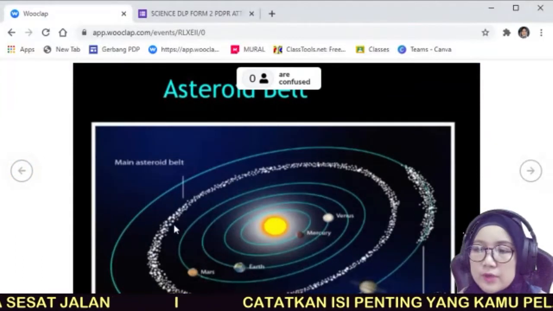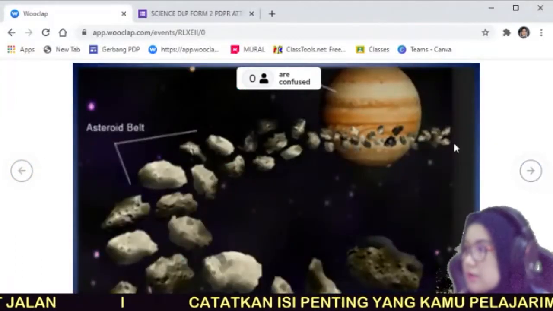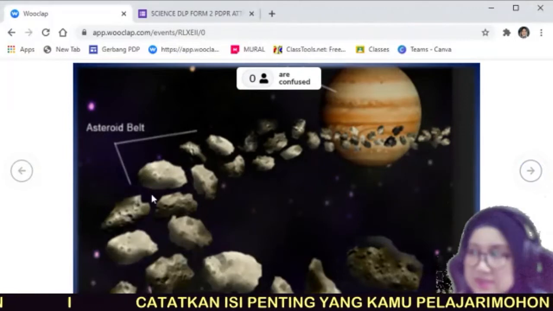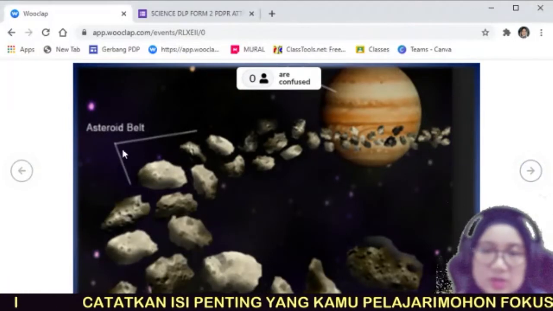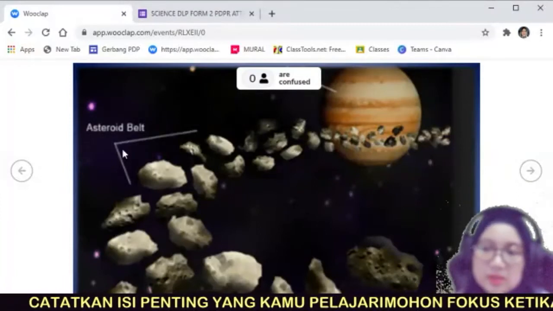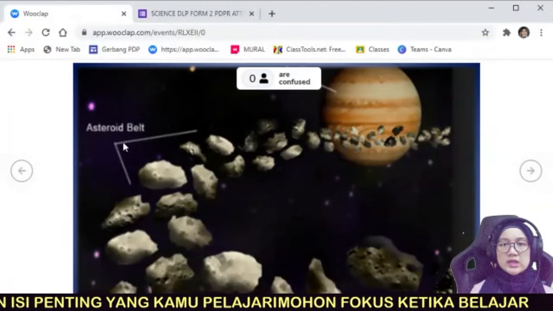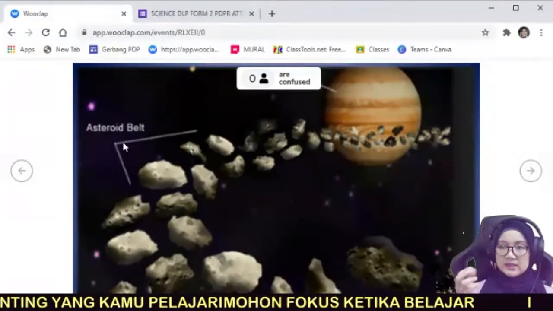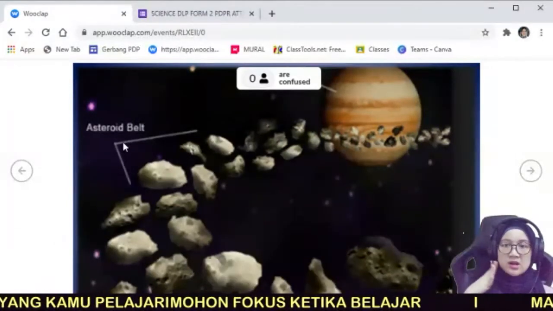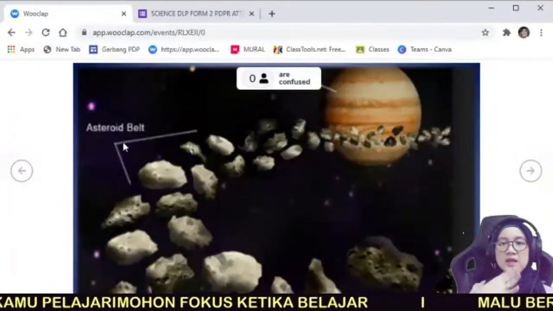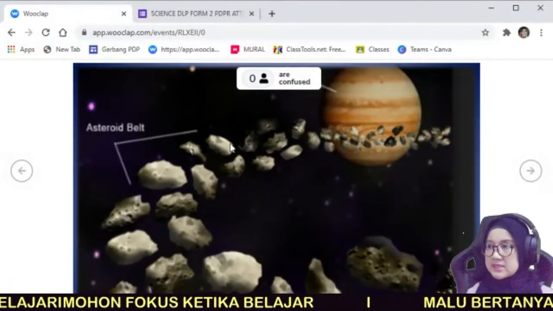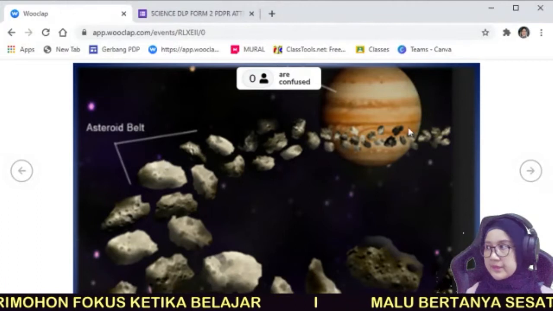But if we go closer, we can see the asteroid belt is not only like an atmosphere or dust that is hanging around the planet, but it consists of rocks.